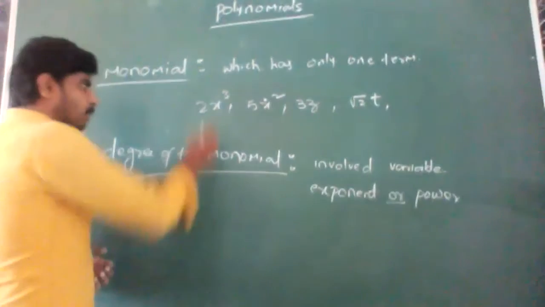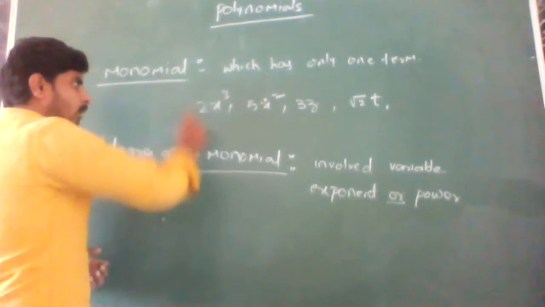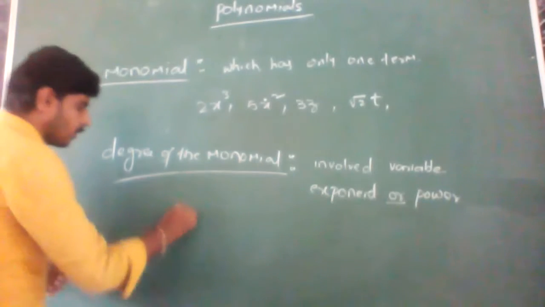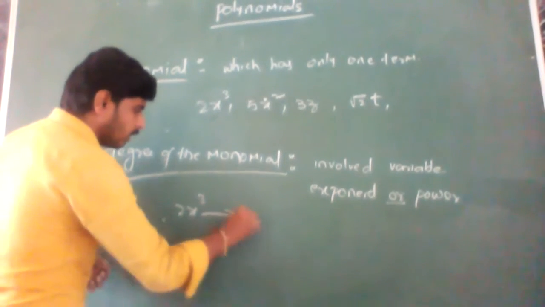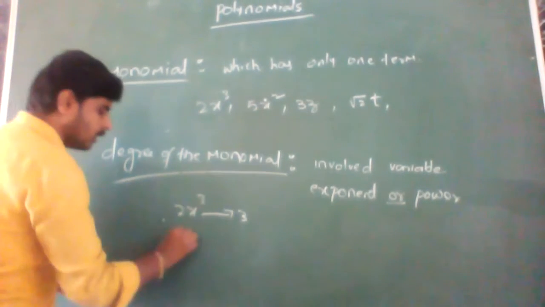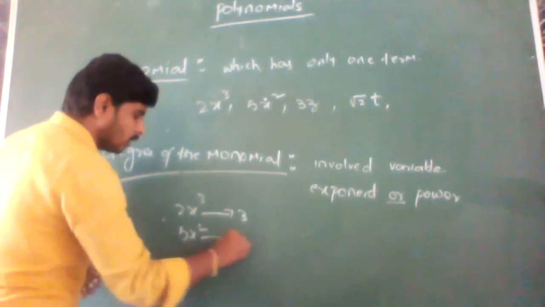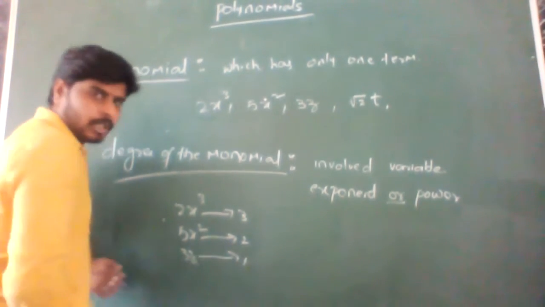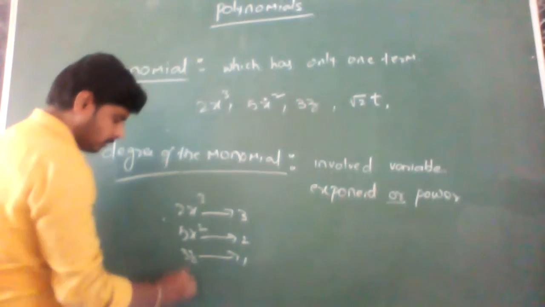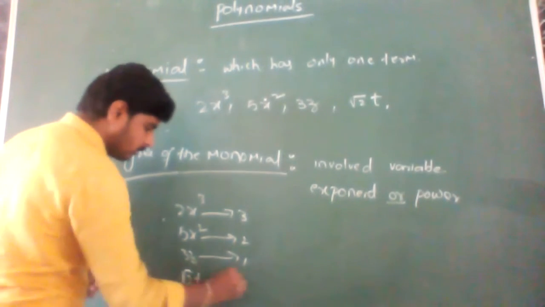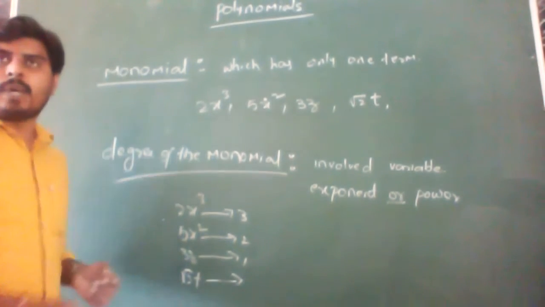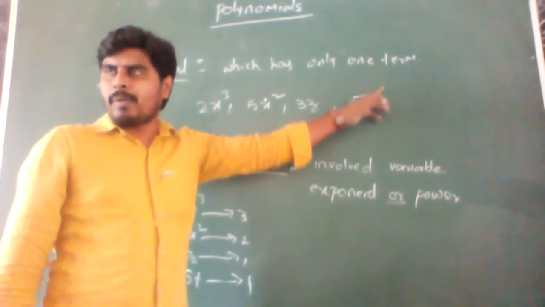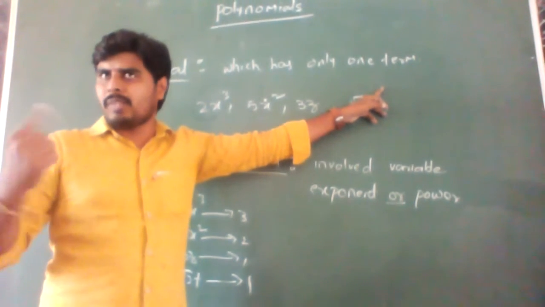So what is the exponent, the power, the degree of this monomial? What is the degree of this? What is the degree of this? What is the degree of this? 1, because p is the variable and the power is 1, right? Nothing is there means 1.